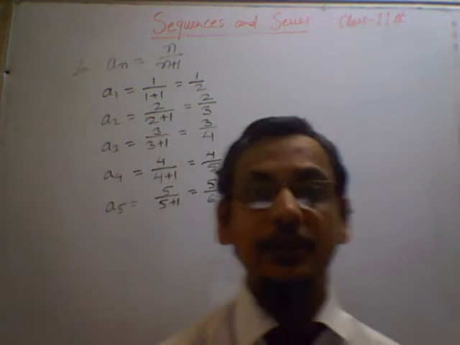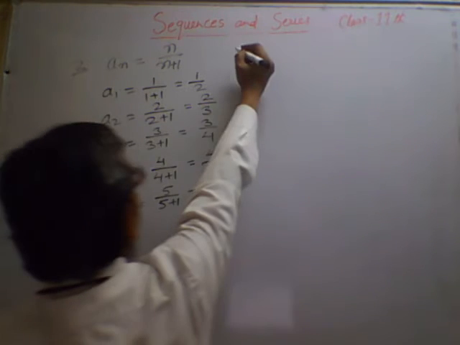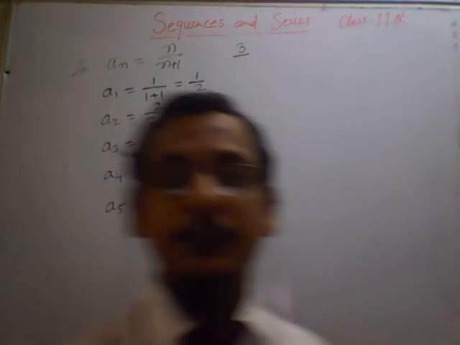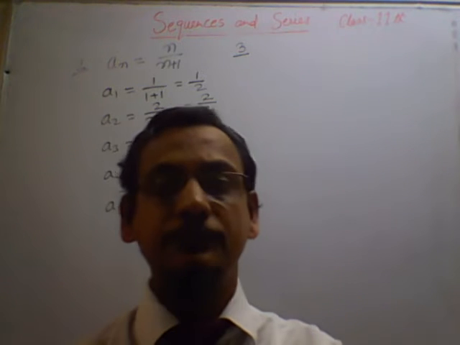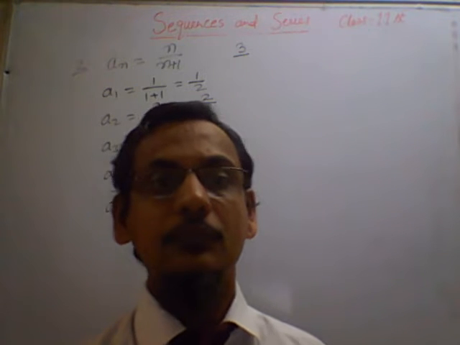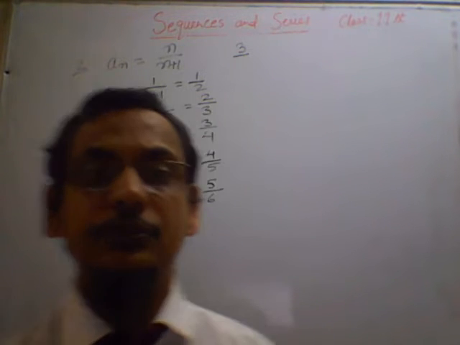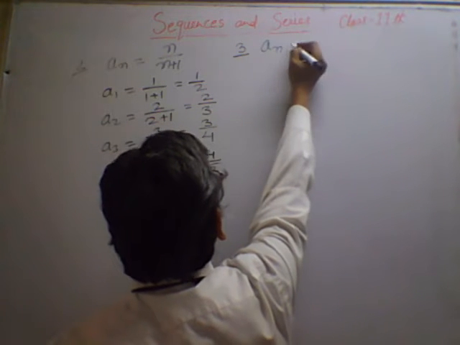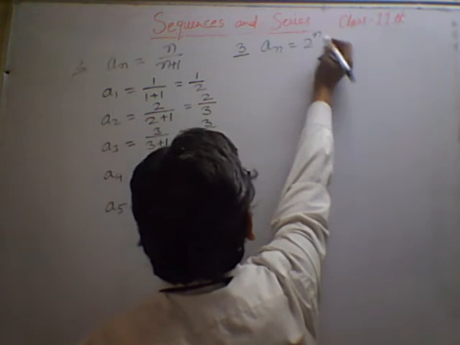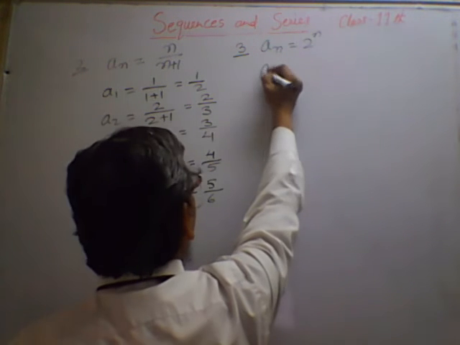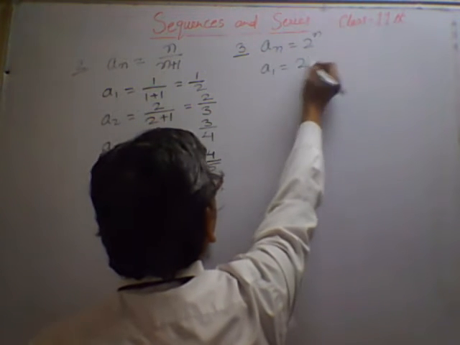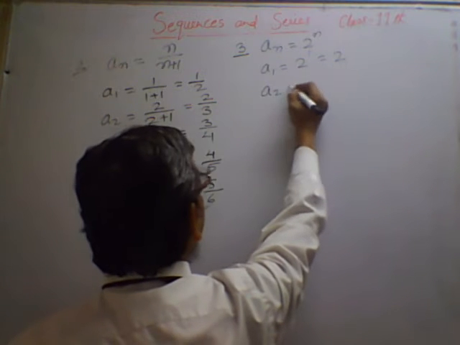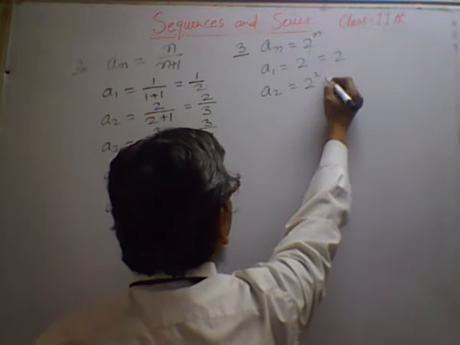Now question number 3. I will solve this question here. In question number 3, we have an equals 2 raised to the power n. So here a1 equals 2 raised to the power 1, meaning 2. A2 equals 2 squared, meaning 4.